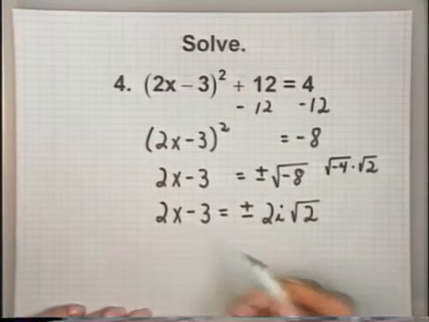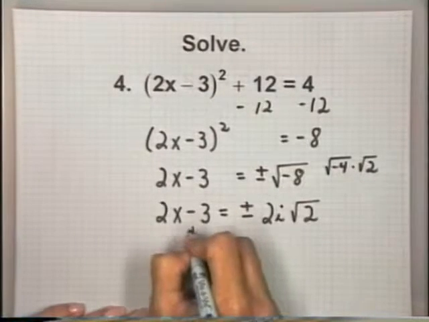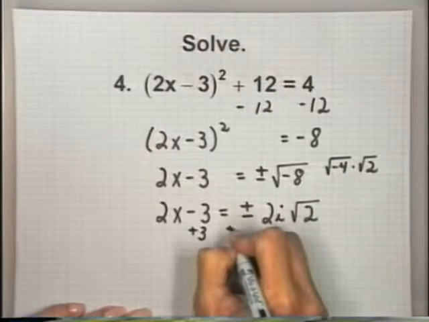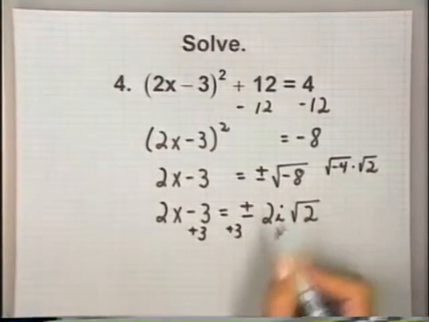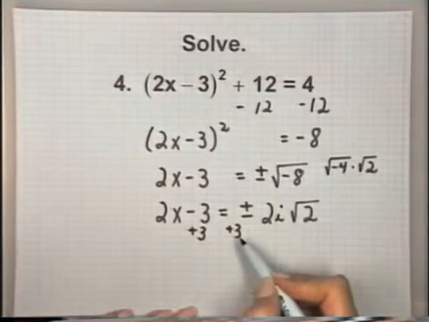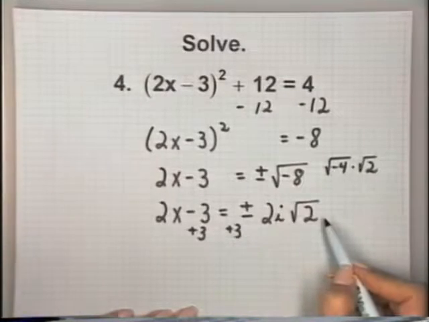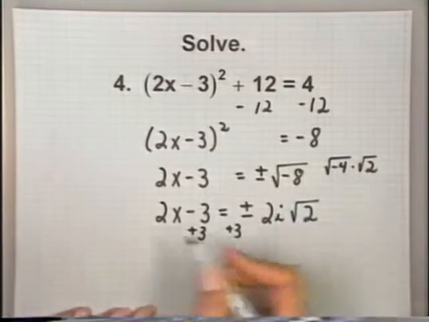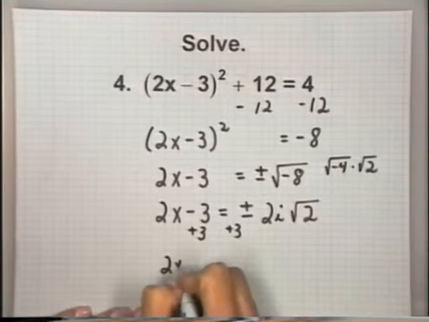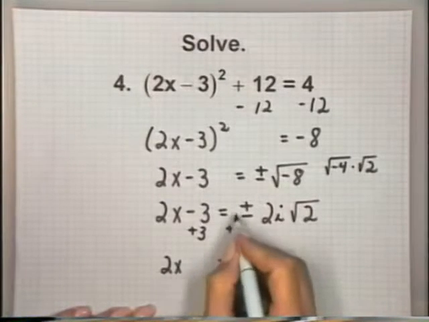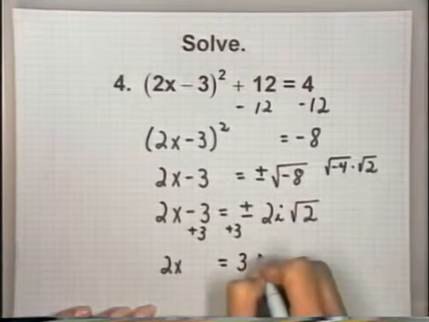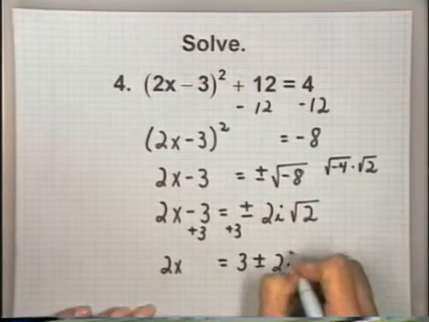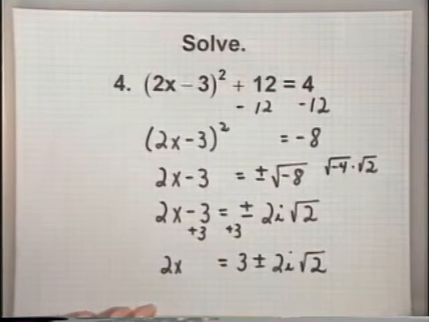Solving for x, I want to add 3 to both sides. Now I'm just sort of going to stick this 3 under here. Remember, this 3 is not like 2i times the square root of 2, so it has to have its own column. So I'll have 2x equals 3 plus or minus 2i times the square root of 2.